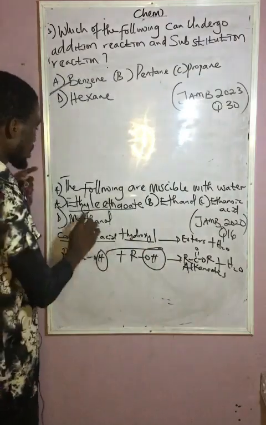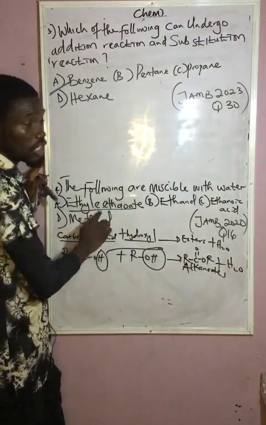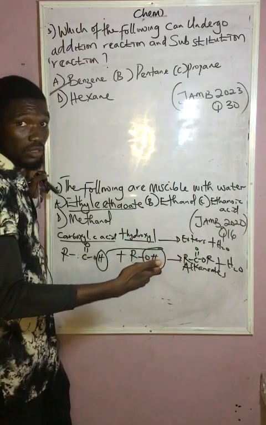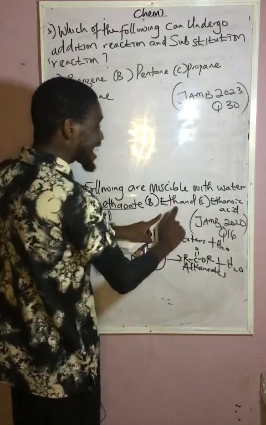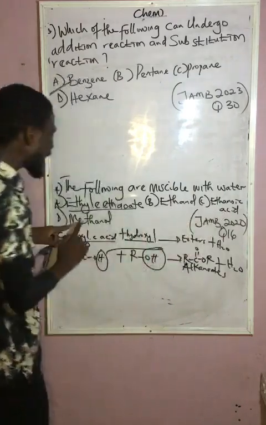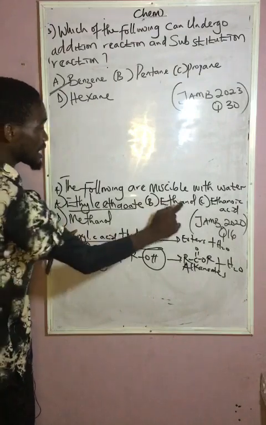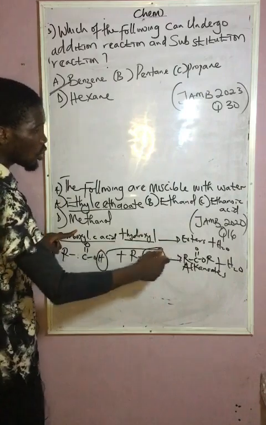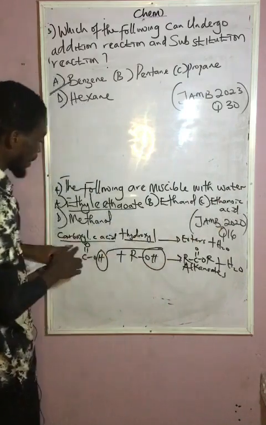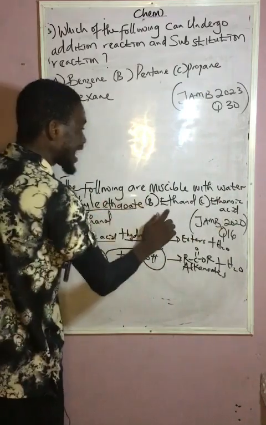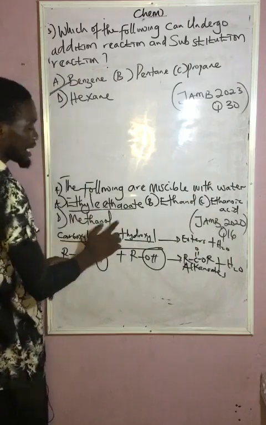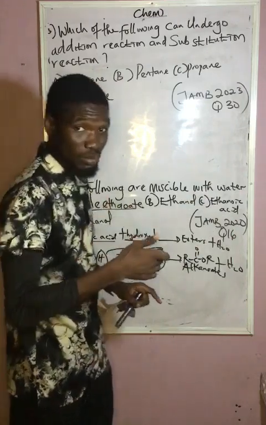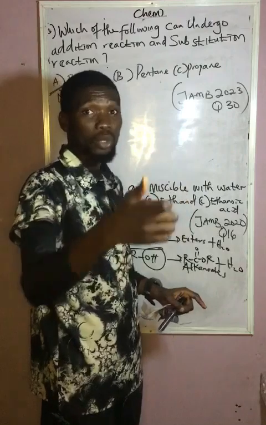So class, ethanoate is not miscible in water. But ethanol, ethanoic acid, and methanol, you can see now, these two belong to the family of hydroxy, the alcohols, while ethanoic acid belongs to the family of carboxylic acids. Ethanol, ethanoic acid, and methanol are miscible with water, and they are polar solvents.